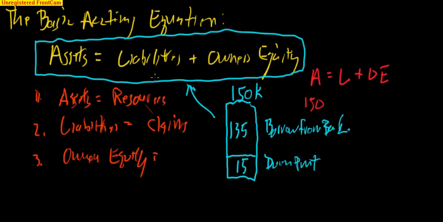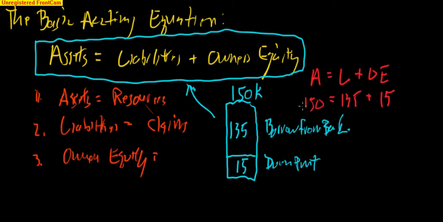You own or control an asset valued at $150,000. And that's equal to liabilities. You don't own the whole thing. You borrowed $135,000 from the bank, plus you put down $15,000. So 150 equals 135 plus 15.